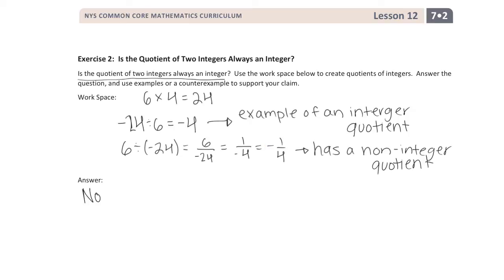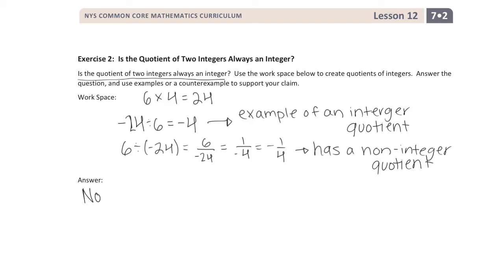And dividing 6 divided by negative 24, the quotient is 6 over negative 24, and that equals negative 1/4. And that is not an integer, but it is the opposite value of the fraction 1/4. This counterexample shows that quotients of integers are not always integers.